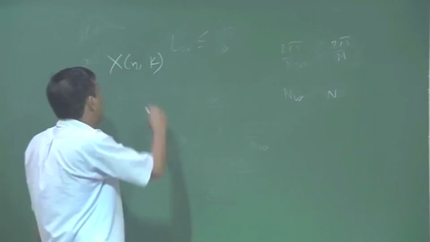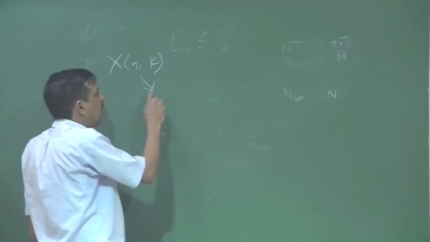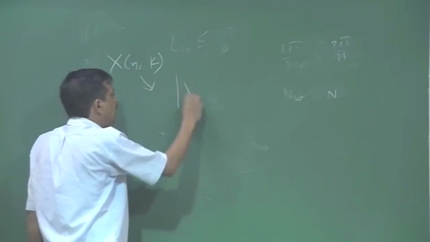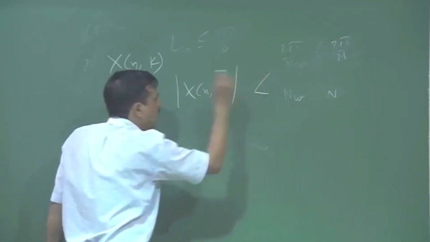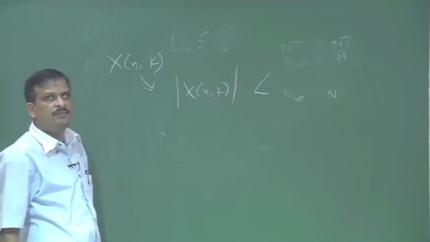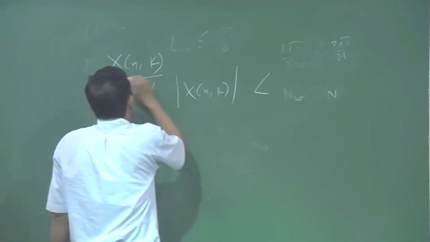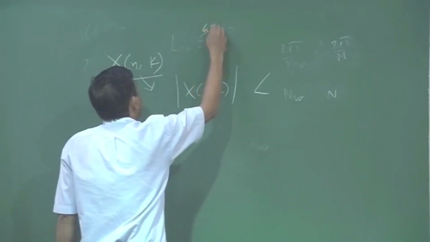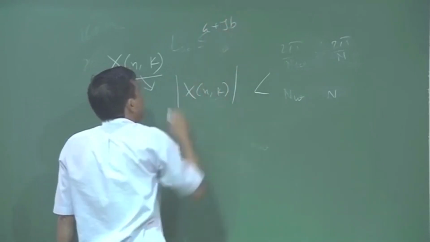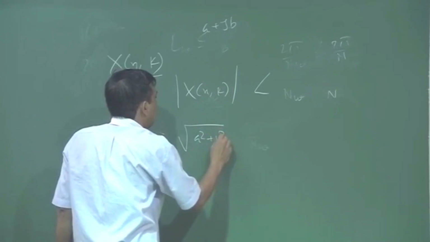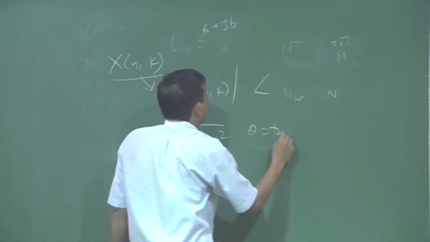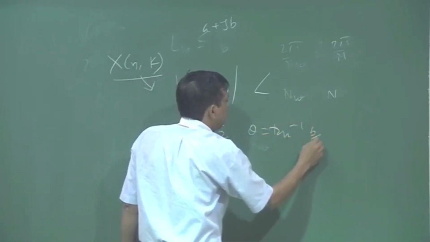Every Fourier transform component has two parts, one is called magnitude and another is called angle or phase. If one of the components is written as a plus jb in complex number, then magnitude is the square root of a square plus b square, and theta is tan inverse b by a.